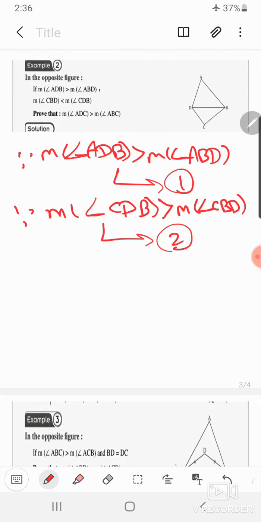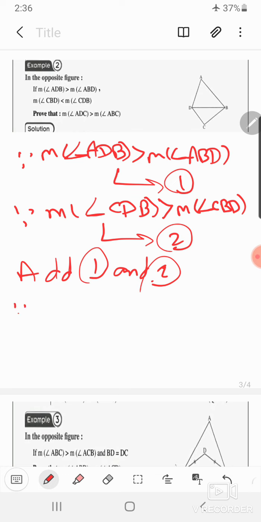Can I add number 1 and 2? Of course, I make adding. So add number 1 and 2. You will get measure angle ADB plus measure angle CDB.